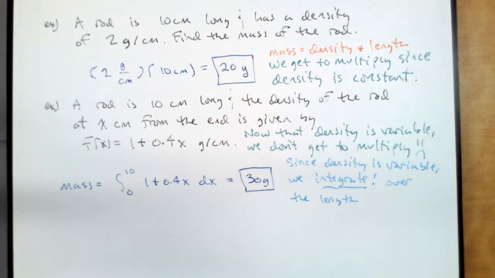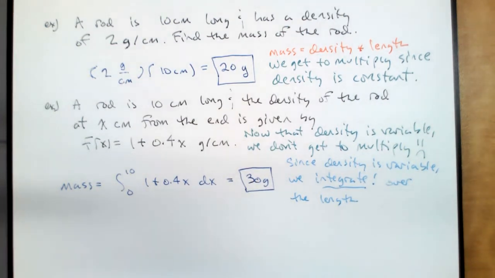Well, we want to remember what goes into this integration. What we're doing is we're going to assume that the density is constant for some small change in the length, and then we can multiply, then we add up all the masses.